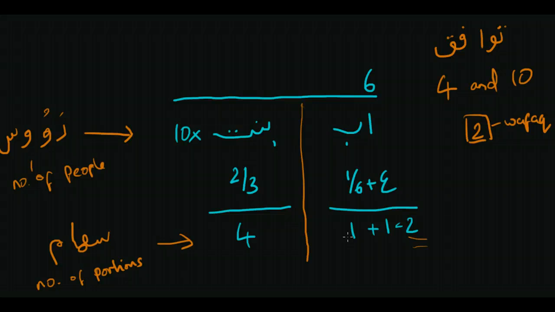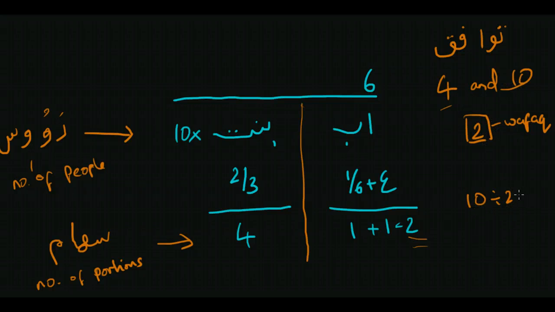In order to solve this problem, we know that the wafaq of 4 and 10 is 2, but we then find out the wafaq of just 10 alone in this particular problem. The way we do that is we take 10 and divide it by the wafaq of 4 and 10, which is 2.